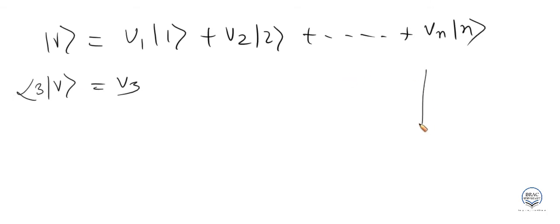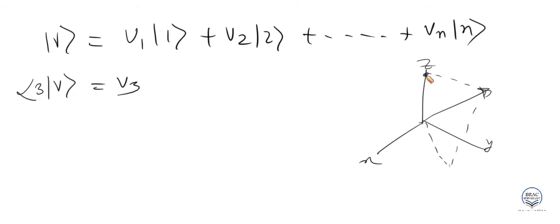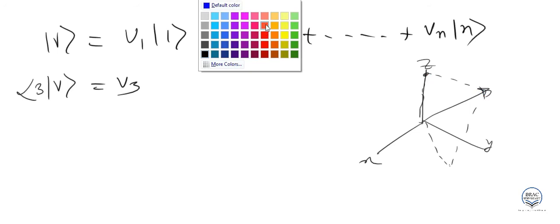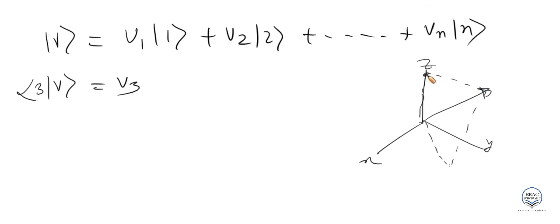If you compare this with the vector analysis that you learned, that is, the Euclidean 3D space, you can make a projection along the z-axis. Let me use another color, let's call it green. This projection marked with green would give you the z component.